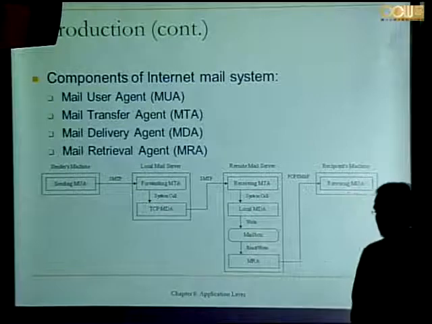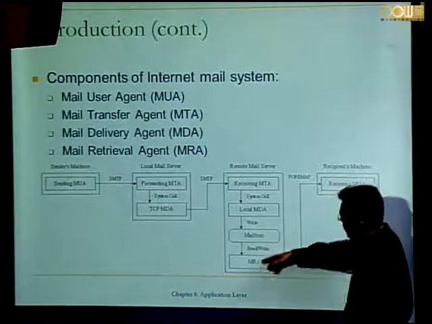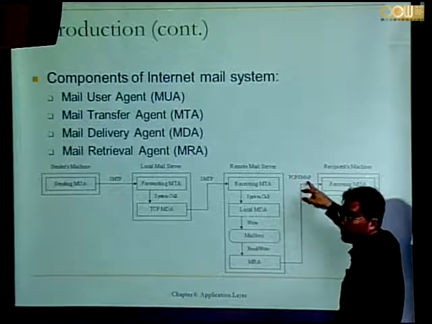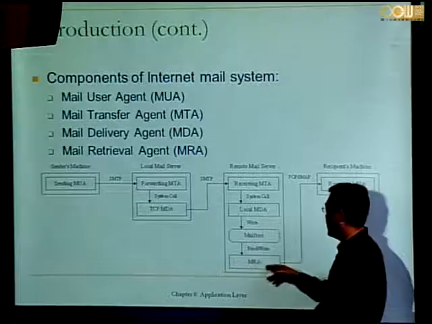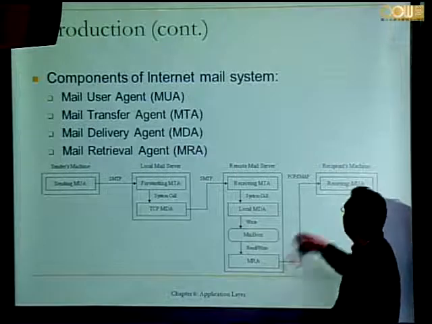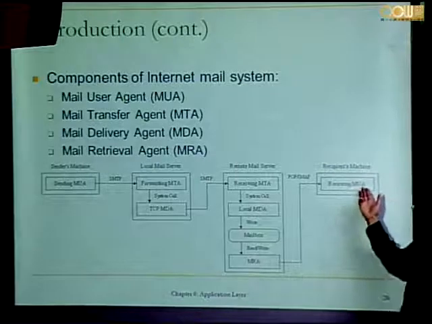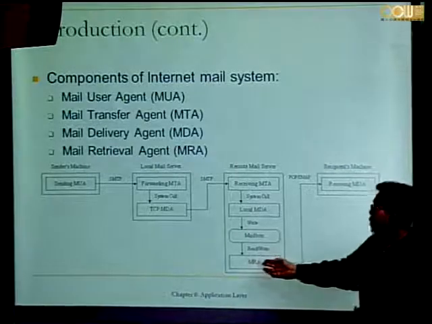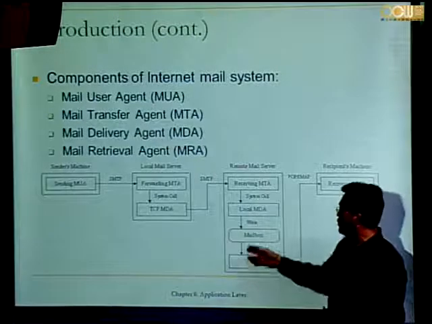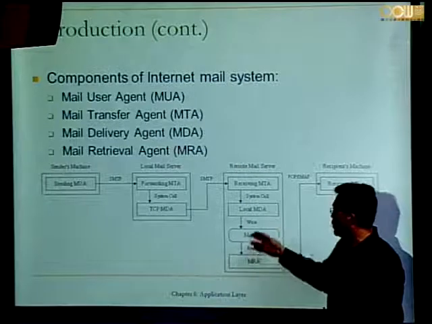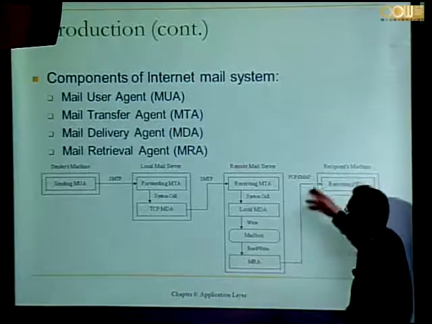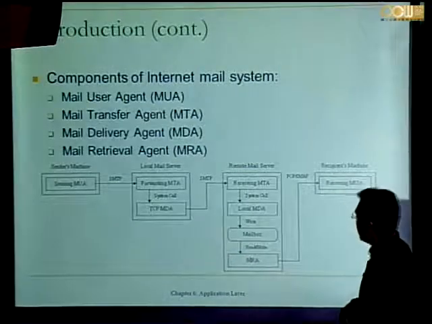And then your friend later on reads the mail by issuing a POP or IMAP protocol message to his mail server. The receiving MUA would talk to the mail retrieval agent, and the mail retrieval agent would then read the mailbox and send the mail back.